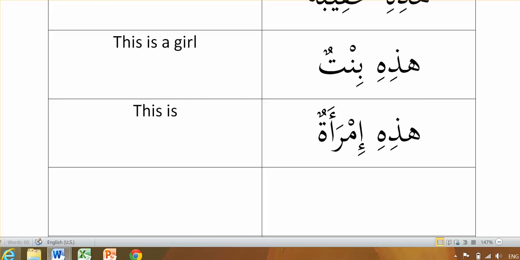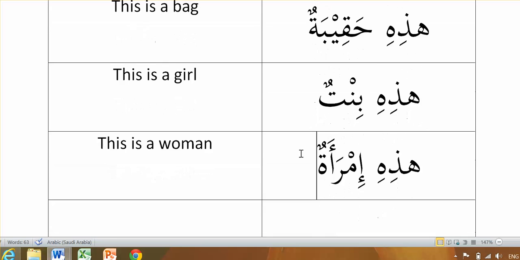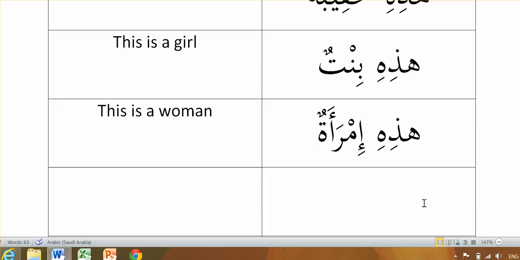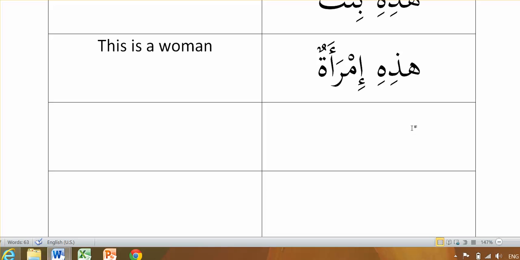This is a woman. So you notice the difference. Let's take one more example. هذه صلاة.